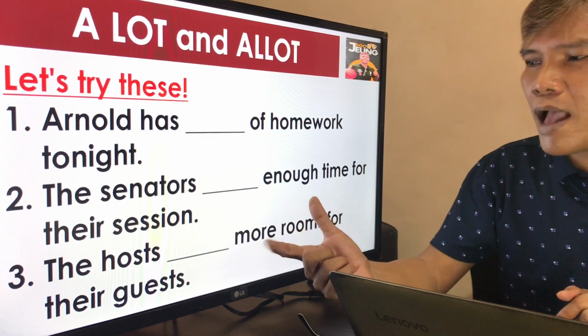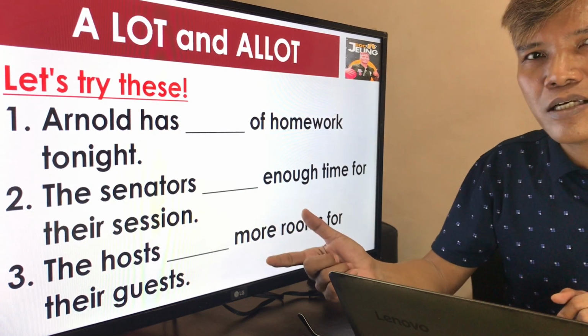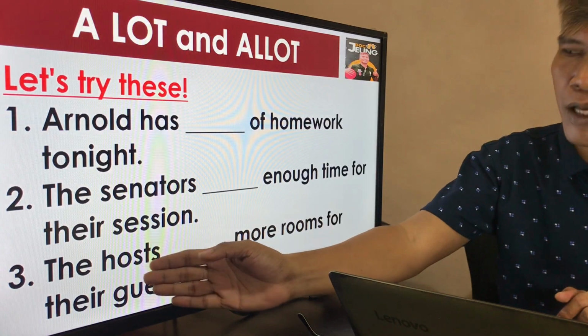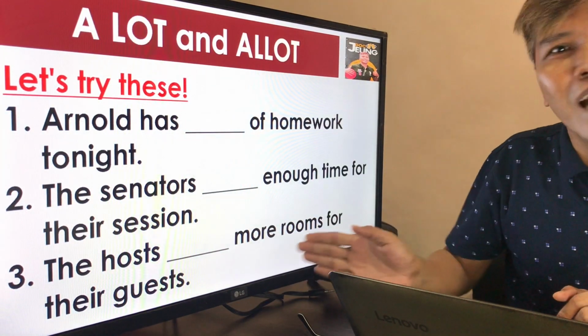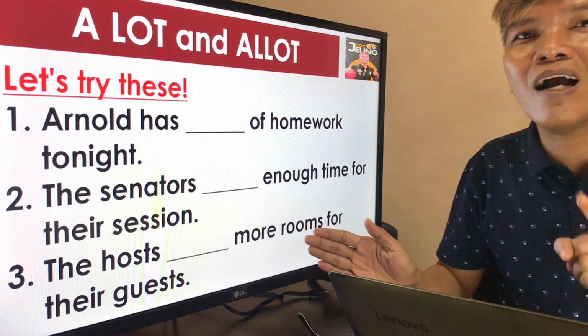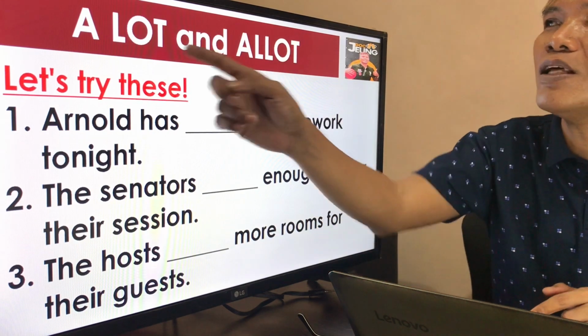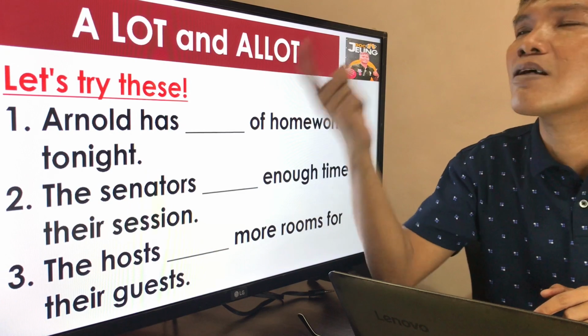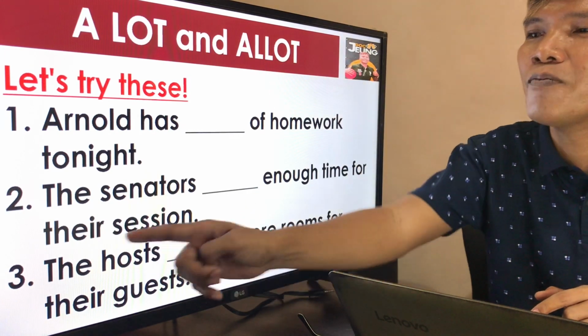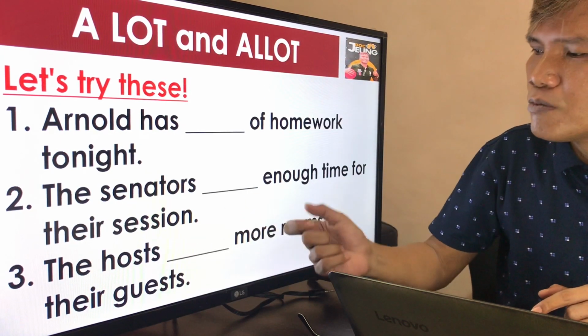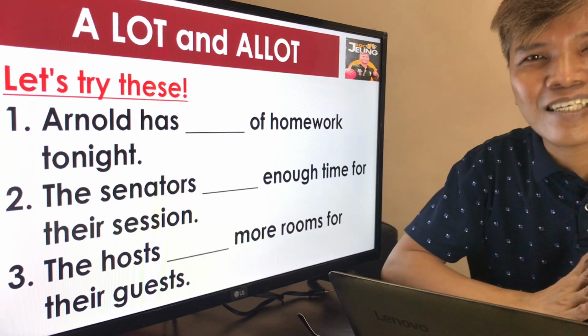The host blank more rooms for their guests. We have our subject. What is our verb? We have no verb. So we are going to look for the verb. Between the two, the verb is allot. Allot will be used here. So the host allot more rooms for their guests.